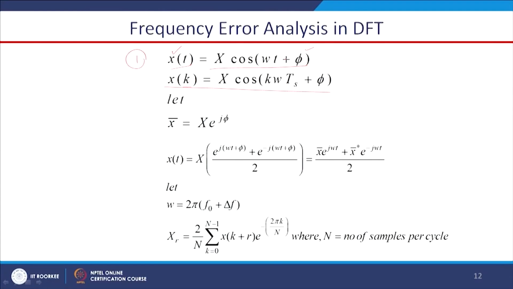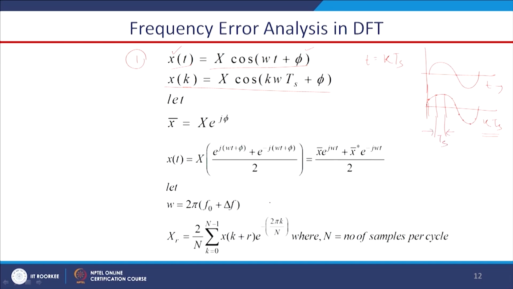The only difference is that in place of t we have to replace it with k ts. As we have already discussed, when you convert a signal from the time domain to the discrete domain, small t is replaced by k ts. The signal samples are sampled within a certain interval, so this distance is k ts. This ts is the sampling time interval; the time gap between two consecutive samples is known as ts.